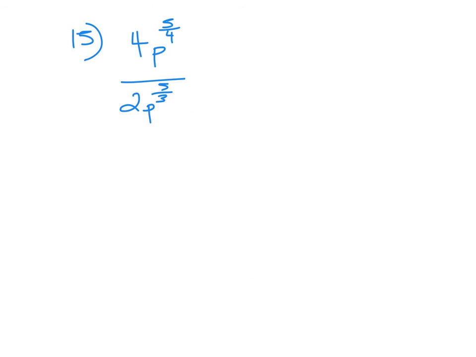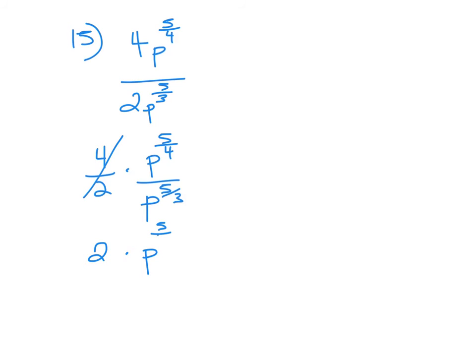Okay, the first thing we're going to do is separate the coefficients. Now the coefficients can be simplified to 2, and the variable can be simplified to 5/4 subtract 5/3.